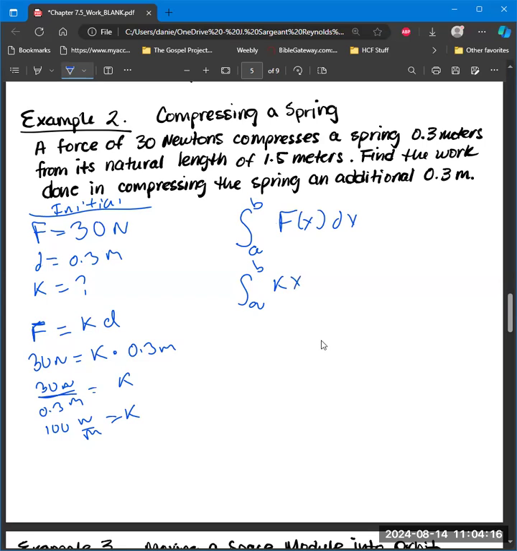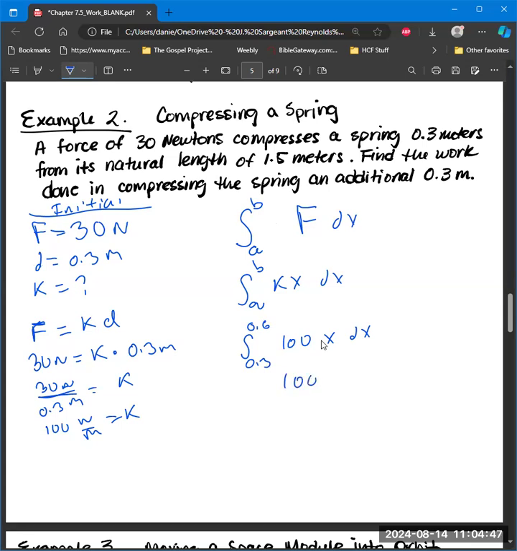So we're going to have the integral of K x dx, and K we just found was 100. A and b go from 0.3 away from equilibrium to 0.6 away from equilibrium.